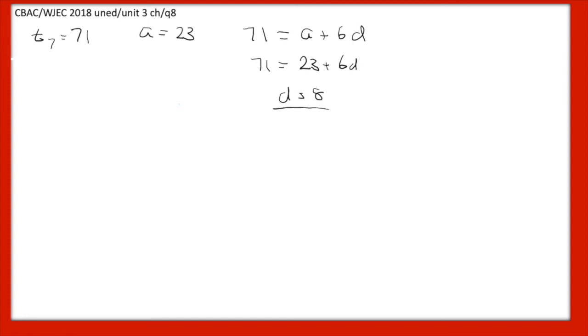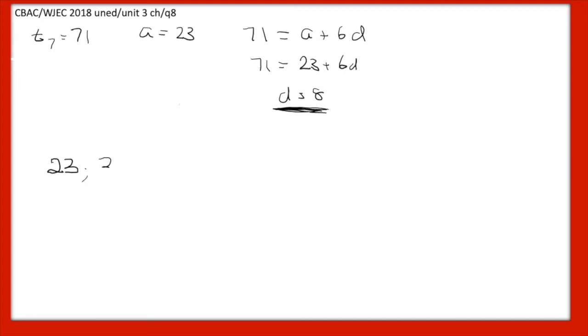Now at that point, lots and lots of people would put their pens down and say, I've solved the simultaneous equations, or I've found a and d, therefore I've found the two things I need. Read the question. It wants the 7 numbers. So in this particular case, there's my first term, 23.